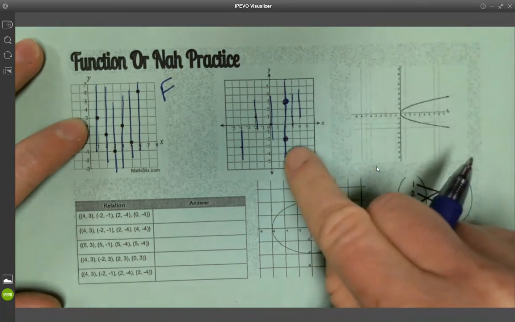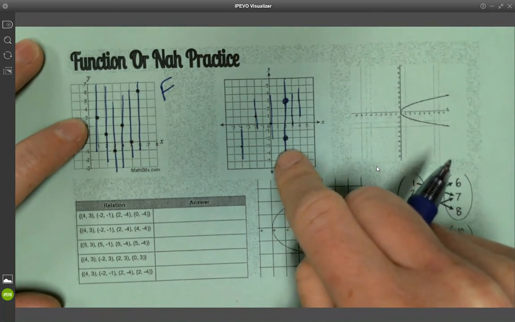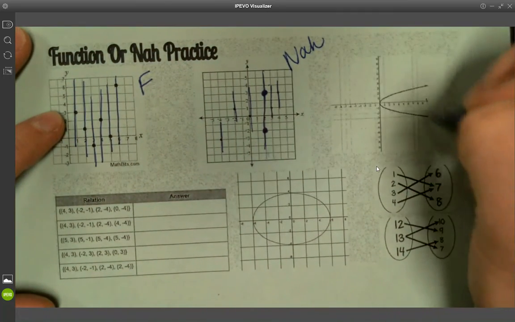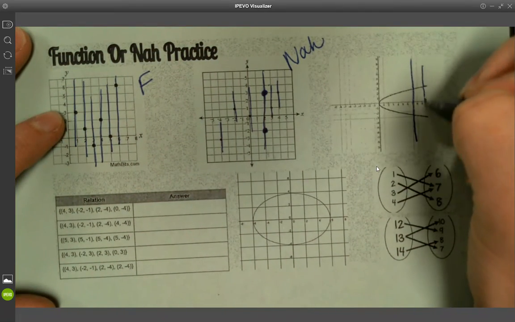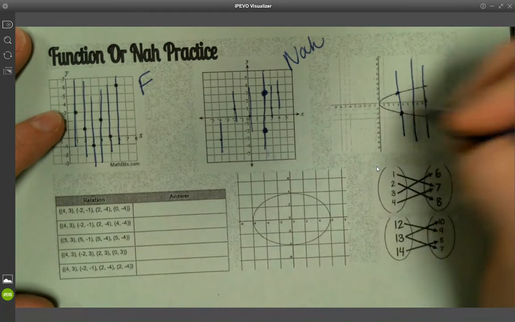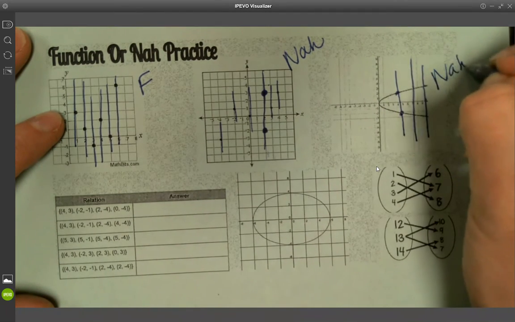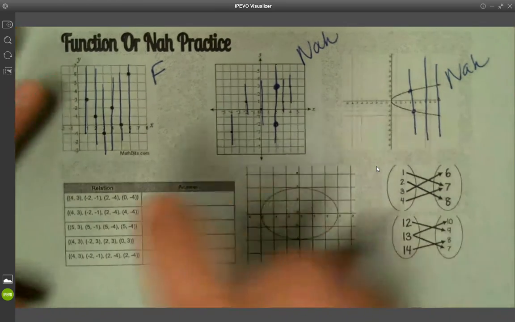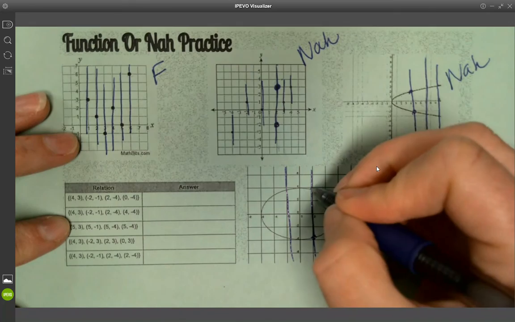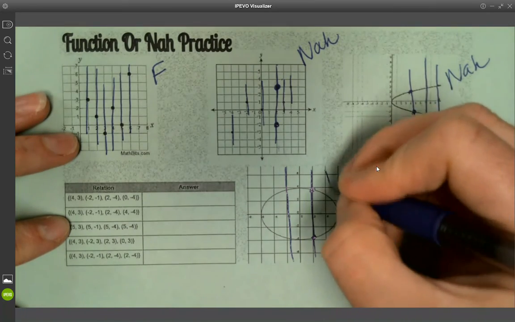Just because it has one that has 2 points down a vertical line, it's not a function. This one, it's a sideways U. It passes through twice on one vertical line, so it's not. On this graph, this oval, it passes through 2 at one vertical line, so it's not a function.